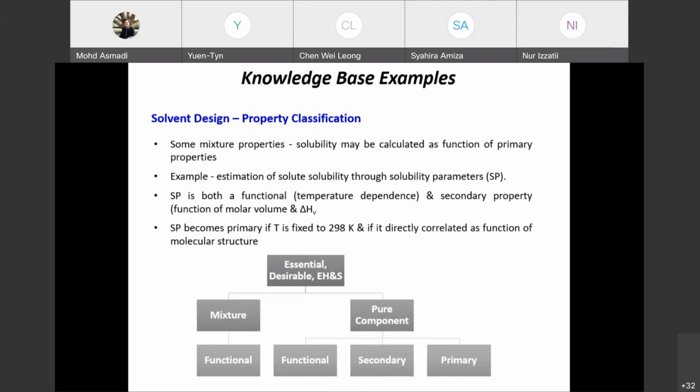We can calculate the functionals from the primary properties. It's dependent on the primary, and also can be dependent on the secondary properties, because the secondary can be calculated from the primary.